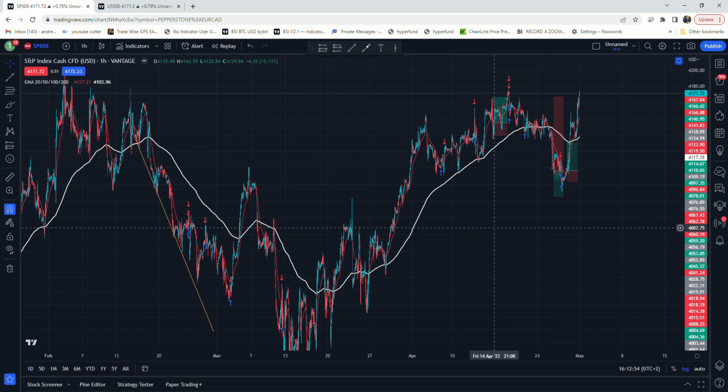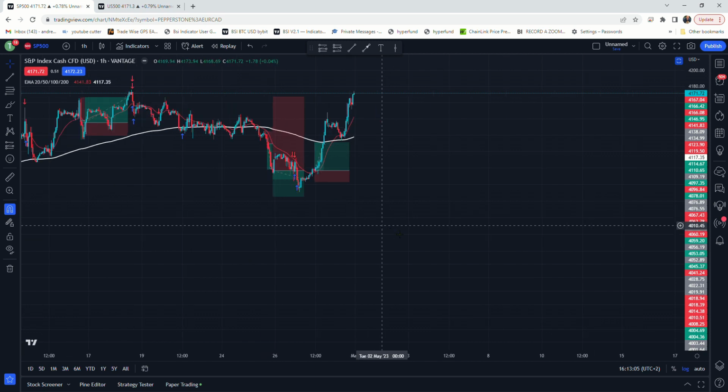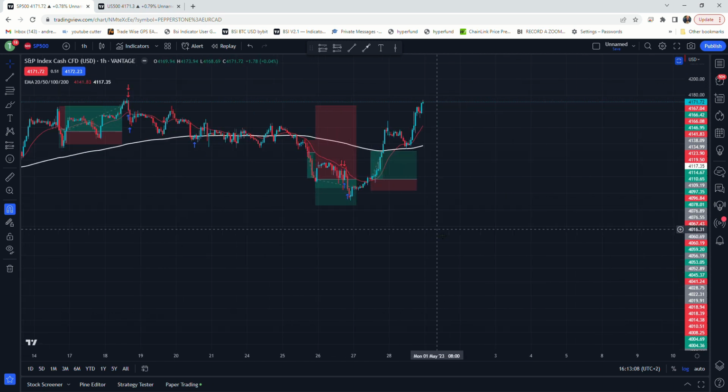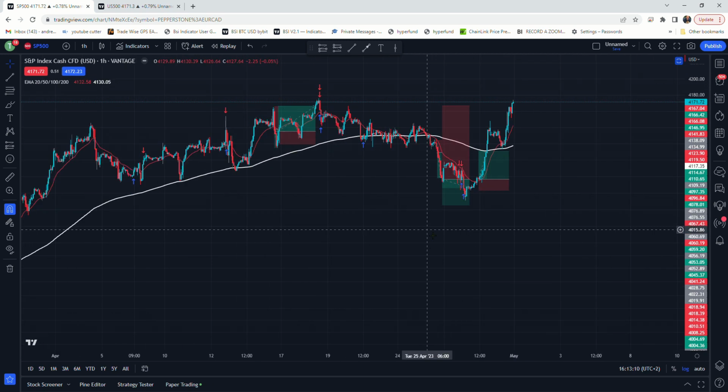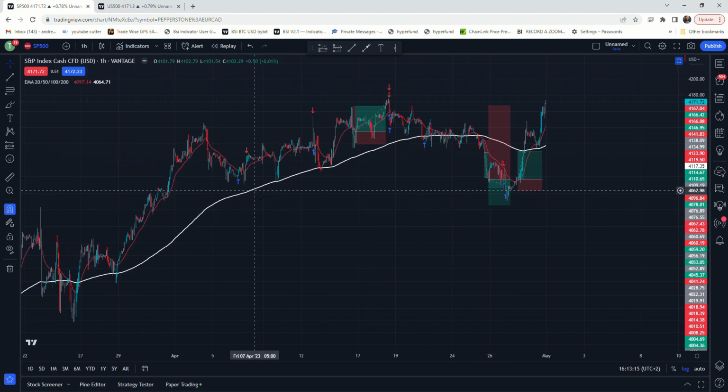Okay, you can see it's up, down, down. Now it's gone up. So the next move will probably be down. But where will we be placing our limit sells? Where are the strong support and resistance lines?